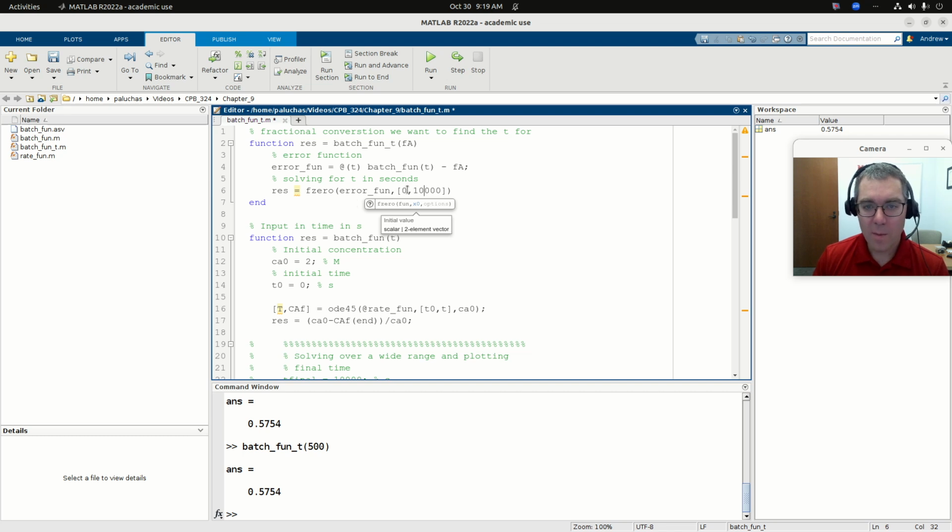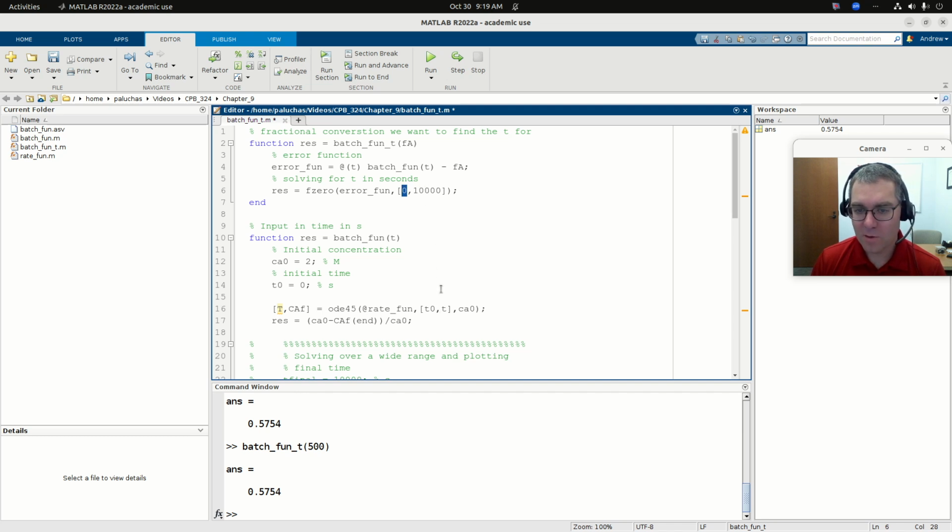Okay. But my lower bound can't be 0. We can't have a lower bound of 0, and the reason is that the first thing fzero is going to do is try to evaluate my function at those two endpoints, which would ultimately lead to calling this function at those two values, and would correspond to solving my differential equation over a range from 0 to that value of t.